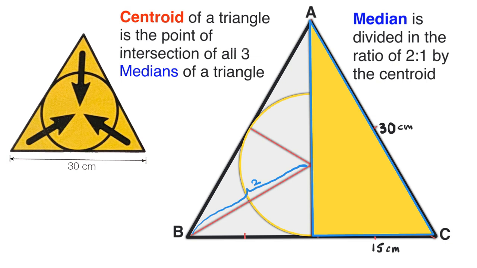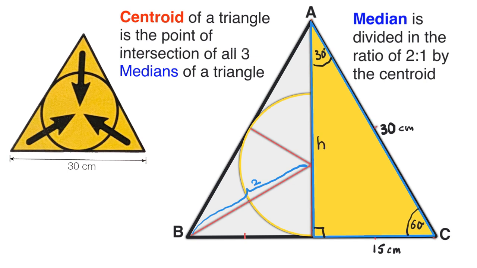But we do know a few angles. Since this is an equilateral triangle, we know that this is going to be an angle of 60 degrees. And we know that this is a right angle triangle. And we also know that this angle will be 30 degrees. And that allows us to use trigonometry to find the height, which we might call h.